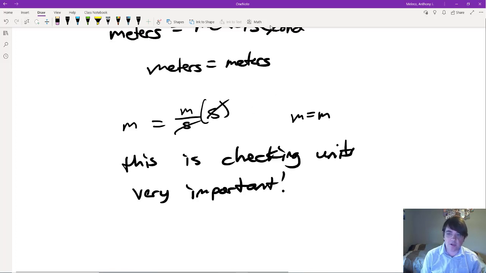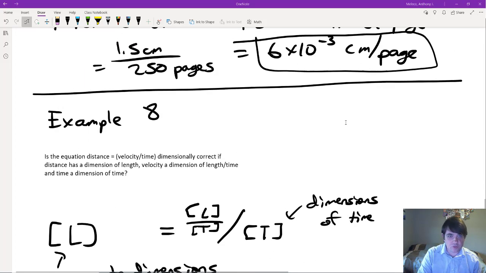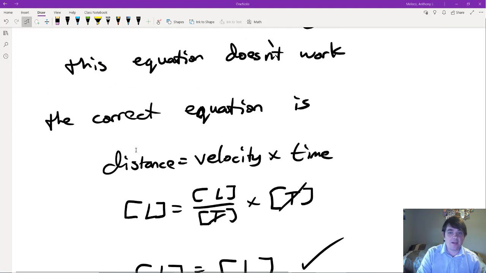Physics is very interesting in that you kind of know when you mess up the problem because you're not getting the proper units. And this is why people do this, because it's useful in determining the equation.